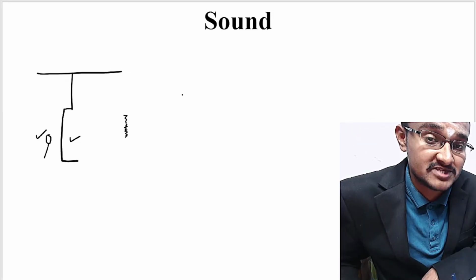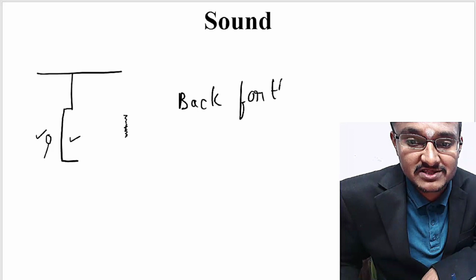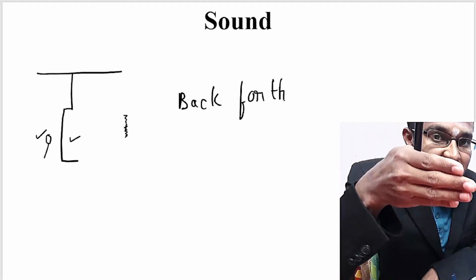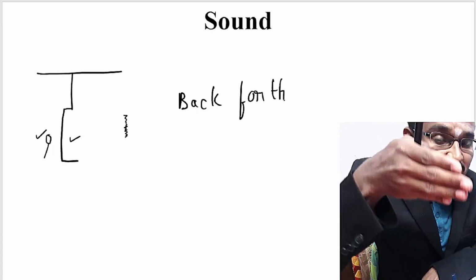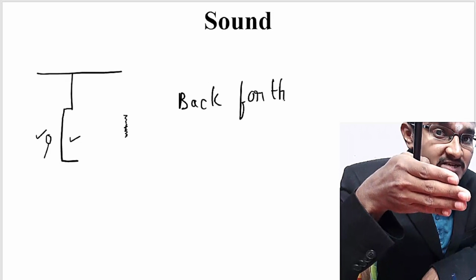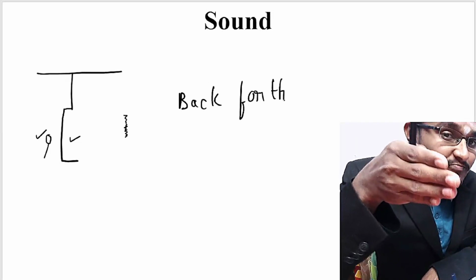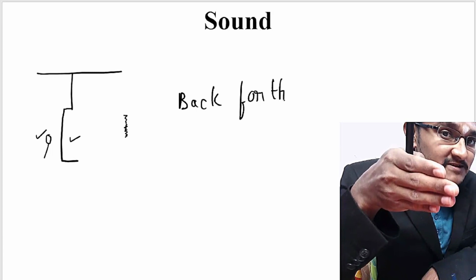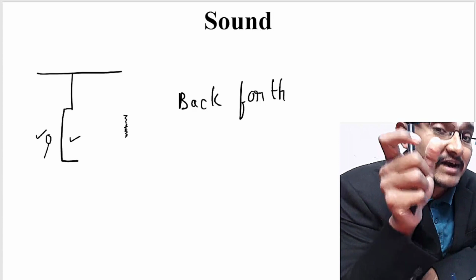So whenever an object moves back and forth about its mean position, we call this back and forth motion. If this is an object and this object vibrates at its mean position, the position at which it was lying is the mean position of that particular object. And if that object vibrates to and fro or back and forth about its mean position, that kind of to and fro motion is known as vibrations.